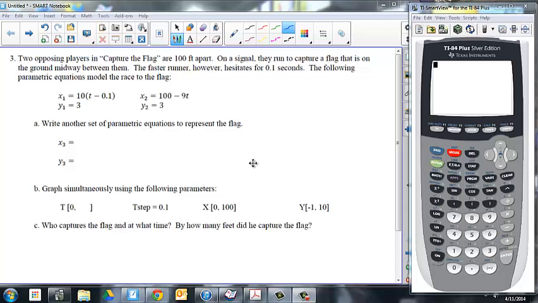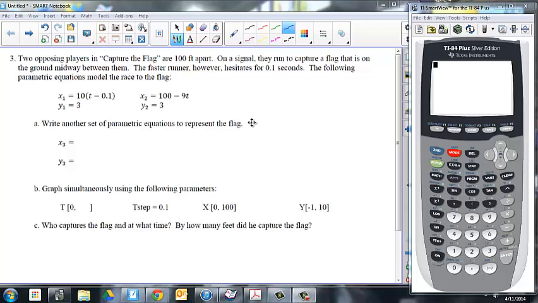And we've got the equations modeled for us. So x1 equals 10 times (t minus 0.1), and x sub 2 equals 100 minus 9t. What's happening here is we have two people running toward each other.